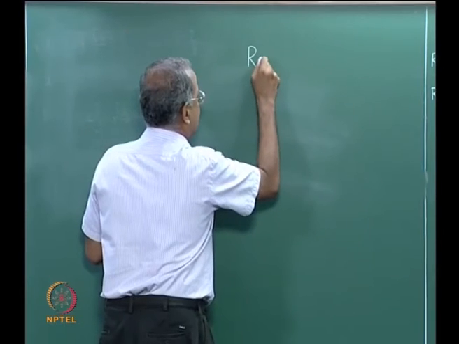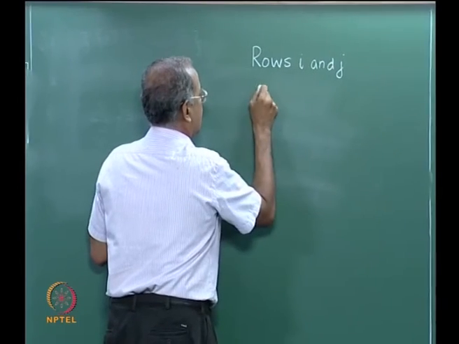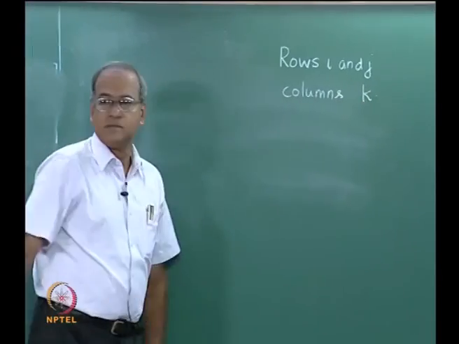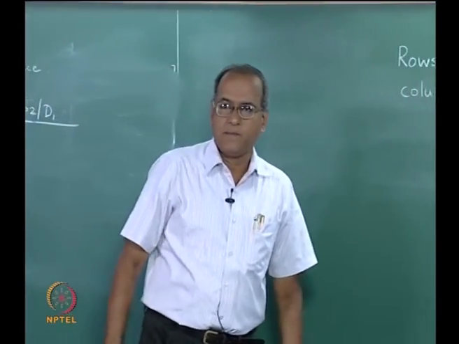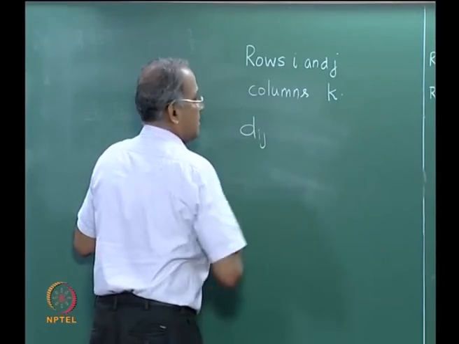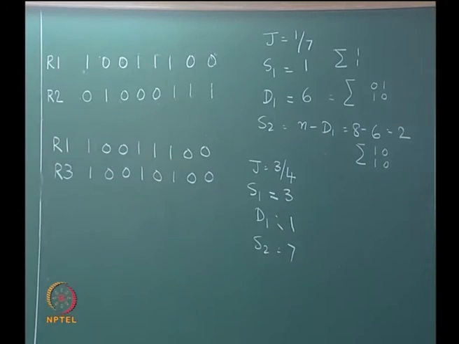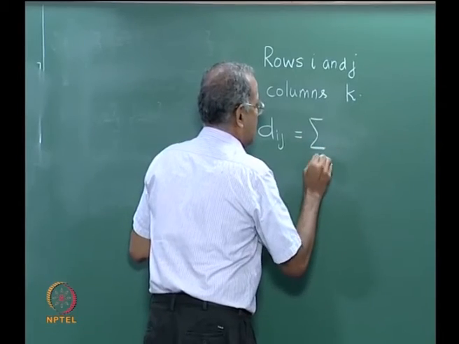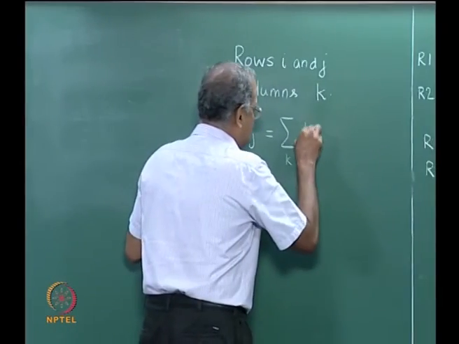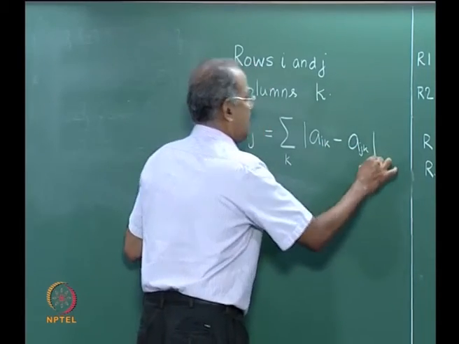Now, between rows i and j, and columns represent k, then d_ij, the distance between two rows i and j, is equal to the sum over k, summed over columns, of the absolute value of a_ik minus a_jk.